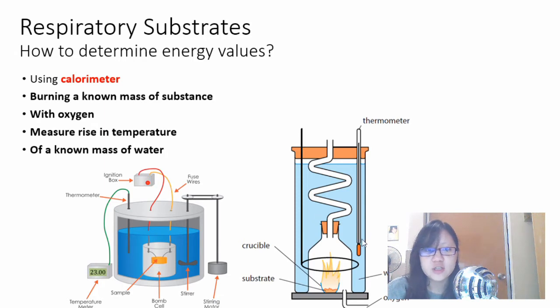If you measure that change of temperature, you can figure out how much energy the respiratory substrate has released. There is a formula to calculate this, but fortunately we do not need to remember it, so you just need to know what this machine is called. That's pretty much it. So yeah, moving on from here.